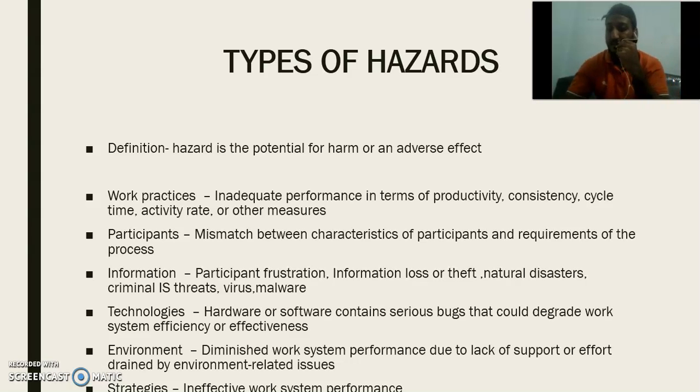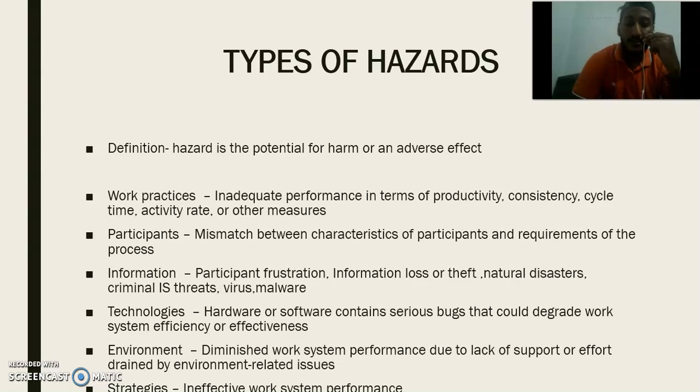These are the types of hazards. Let me explain what a hazard is. A hazard is a potential for harm or an adverse effect. Below are the types of hazard. Let me explain the work practices hazard.